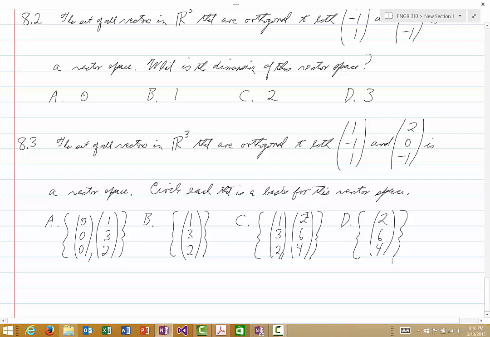You'll need to decide, but the choices are: A, two vectors, (0, 0, 0) and (1, 3, 2). B, a set consisting of just the one vector (1, 3, 2). C, a set consisting of two vectors, (1, 3, 2) and (2, 6, 4). And D, a set consisting of just one vector, (2, 6, 4).